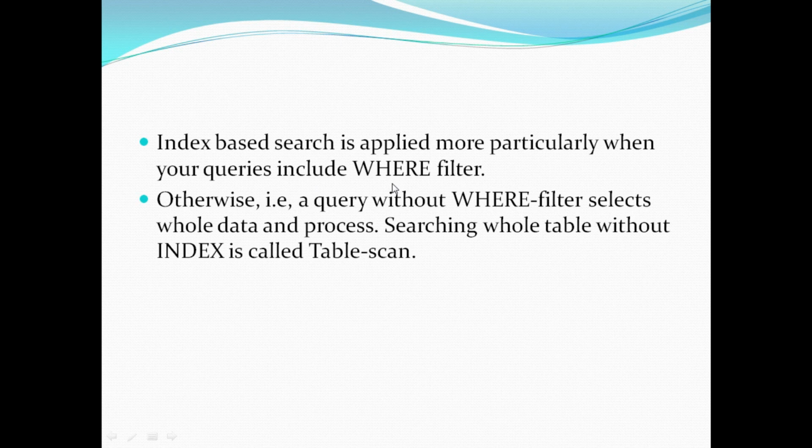My suggestion is that whichever column is used most frequently in the where clause, you should apply the index on that column. For example, a query without a where filter selects the whole data and processes it. Searching a whole table without an index is called a table scan, as we talked about earlier. And searching the whole table with an index is called an index scan.